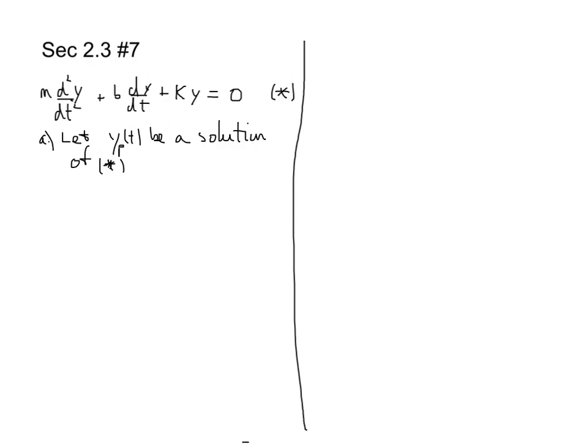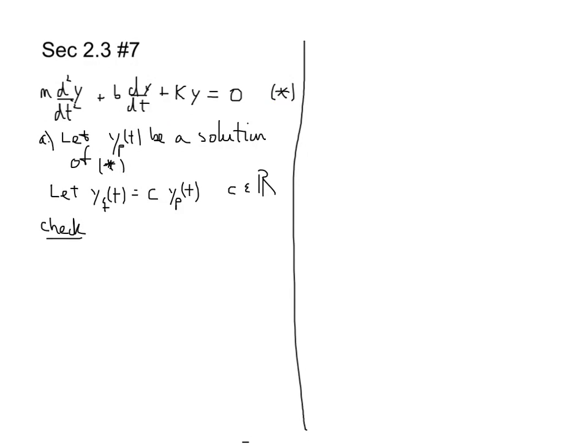I want to show, and I'm going to let y sub q of t be a constant multiple of y sub p. So c is an element of the real numbers. So any real number. So to check that it's a solution, I plug it in. So I'm going to check.